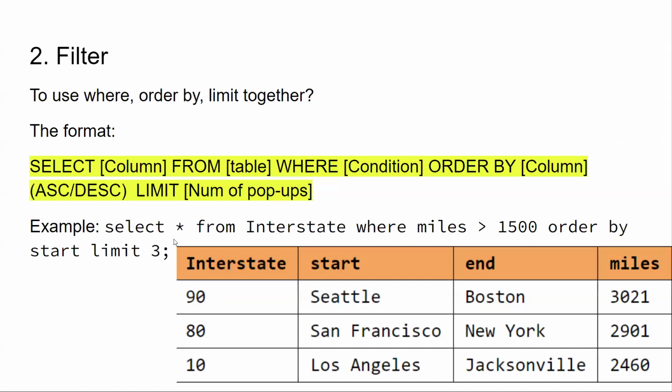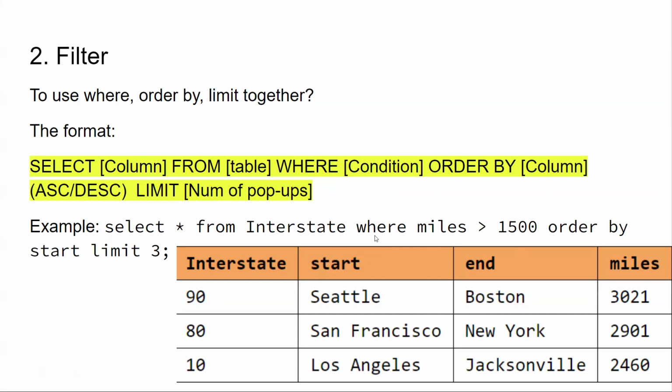So for example, I say SELECT * FROM interstate WHERE miles > 1,500 ORDER BY start LIMIT 3. Let's see. For interstate, by default we arrange the order of the data by the interstate number ascending.